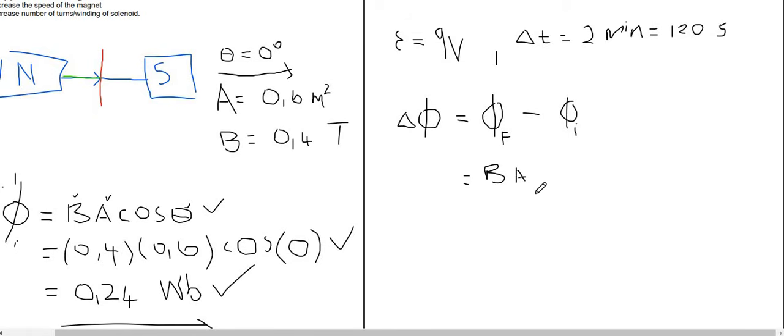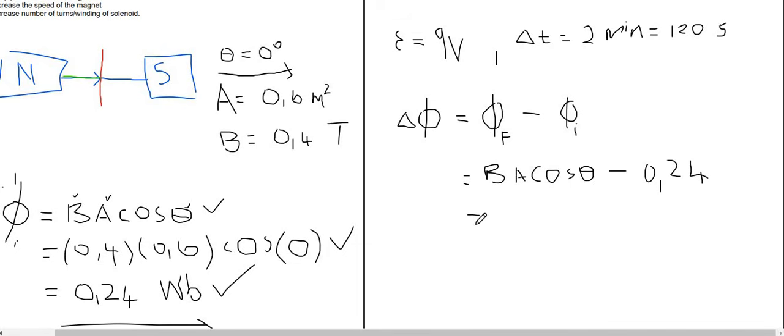Theta is still 0, because the axis and the magnetic field lines still coincide, they are still parallel. So cos of the angle theta. And now I know that the initial magnetic flux was 0.24. So I can just say minus 0.24. I don't need to recalculate it because I've already calculated it in the previous question.